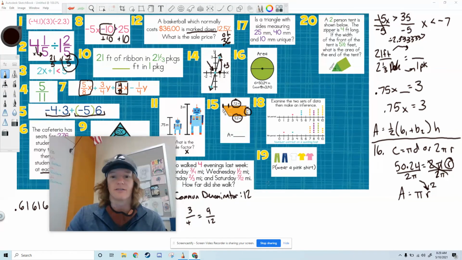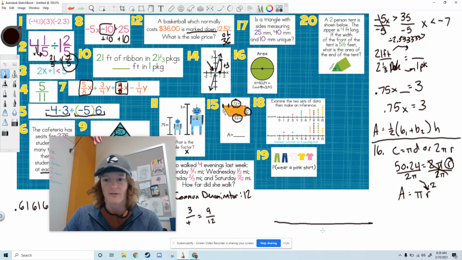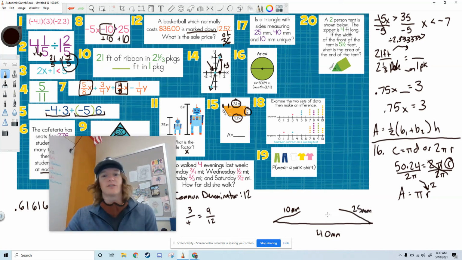Number 17, is this a triangle? This is one of those where we got to visualize it. We've got to think, here's a 40 millimeter, here's a 10 millimeter, and here's a 25 millimeter. And this is one of those where it's not going to work, because if this is going to go down and this is going to go down, we're only going to be a total of 35 millimeters on the top here. Well, it's got to have 5 more millimeters for this to fit.